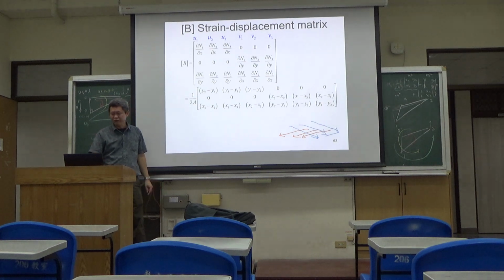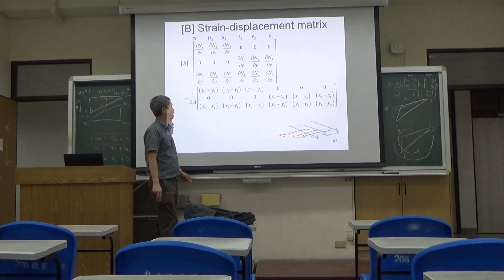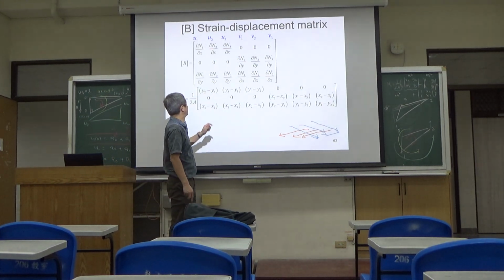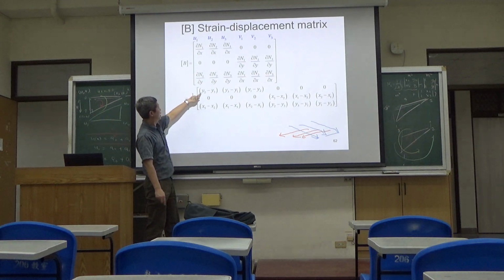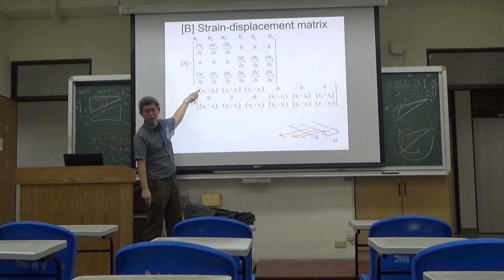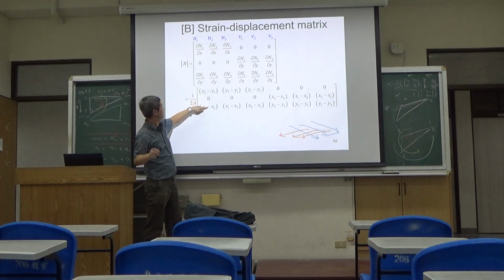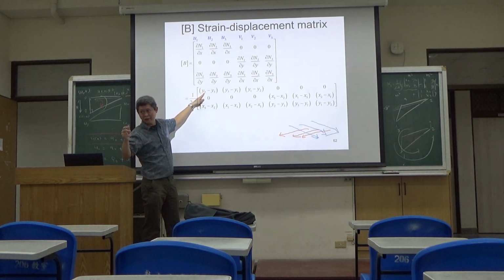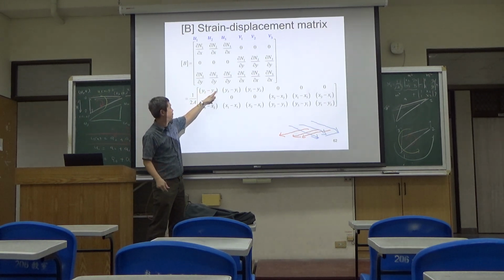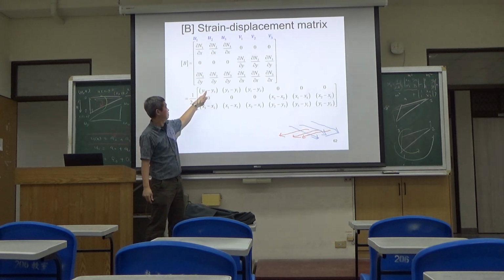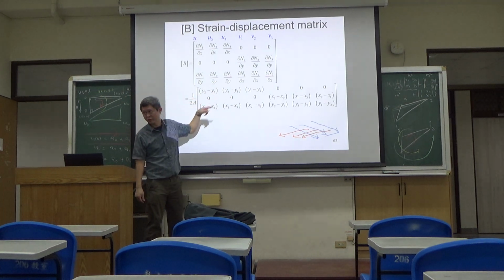Okay, after you have this, your B matrix for the first row has to do with node 1. Okay, let's say U1. So at U1 the coordinate is x1. Okay, so this coefficient is y2 minus y3.